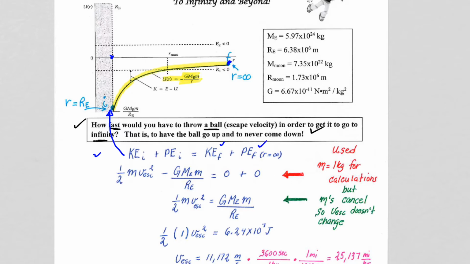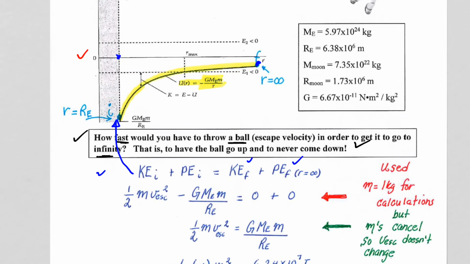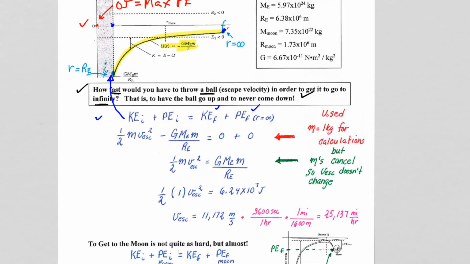So remember our PE max, we're going to have maximum potential energy out here. So that's max potential energy, 0 joules, equals max potential energy out at infinity. So we have a very simple equation. Now our initial potential energy is going to be capital G, capital M, little m over the radius of the Earth.